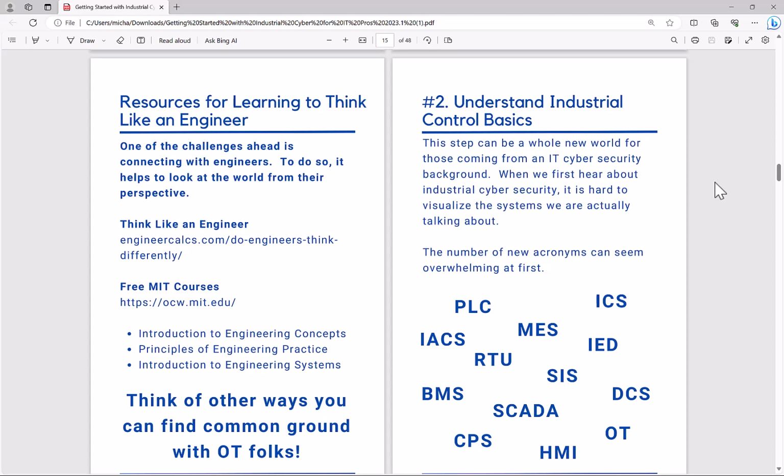And so when we see things like PLC, ICS, OT, DCS, RTU, IAX, and so on and so forth, it's: what are all these things? At least for me, they almost seem magical or mythical. And even as I started to learn, it was still very magical in a way, if that makes sense. Sometimes I still can't believe I work in these types of environments.